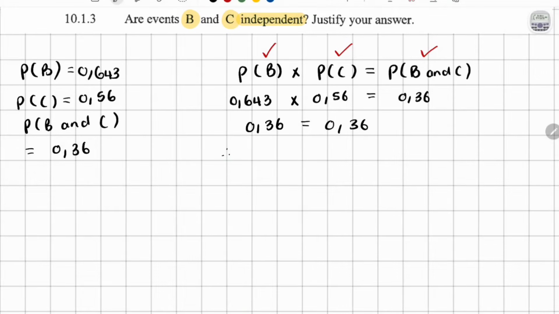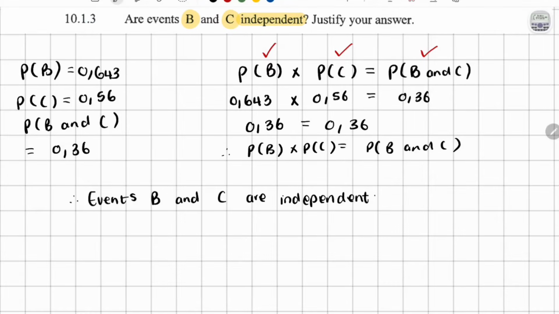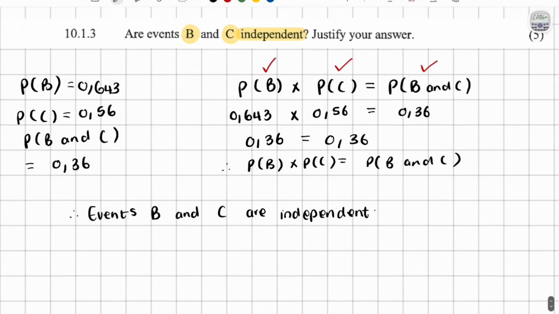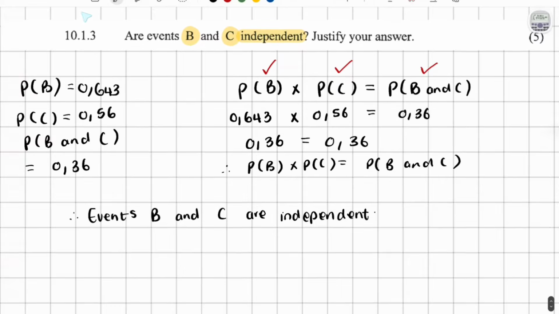So that means that the probability of B multiplied by the probability of C really does give us the probability of B and C. And so therefore, it means that events B and C are independent. Okay, and that is it for 10.1.3, and that is really it for 10.1. Then we move on to the 10.2 questions.